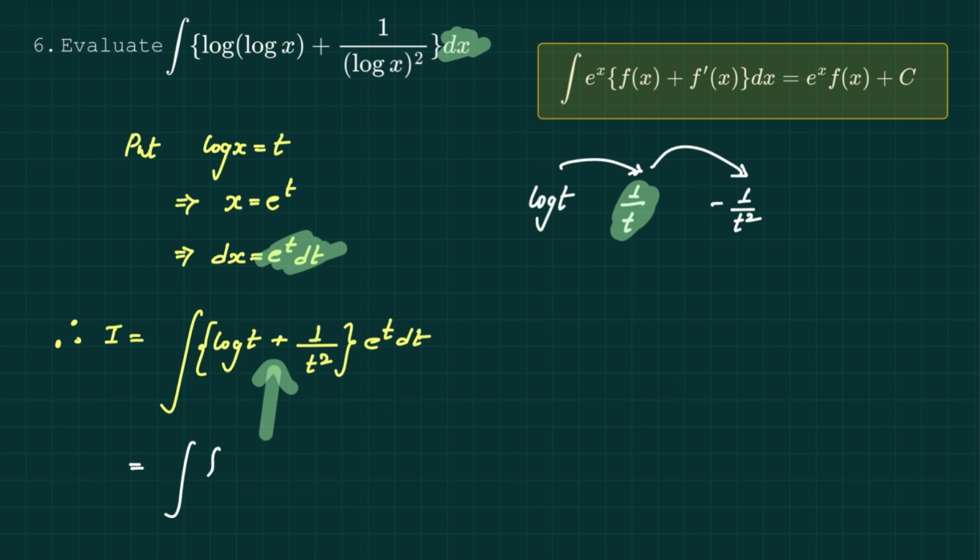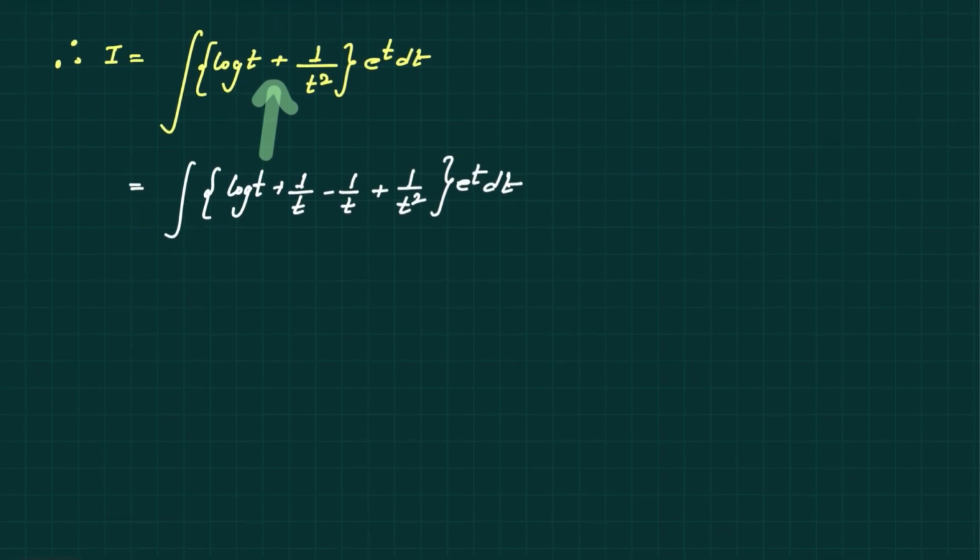integration of log of t, adding 1 over t and subtracting 1 over t, plus 1 over t square, e to the power t dt. Now let us separate the terms, then we will have log of t plus 1 over t.